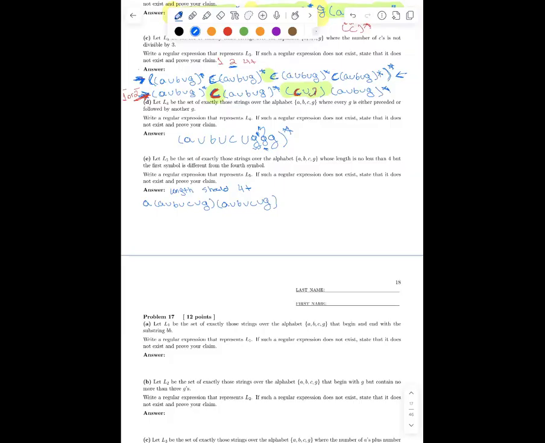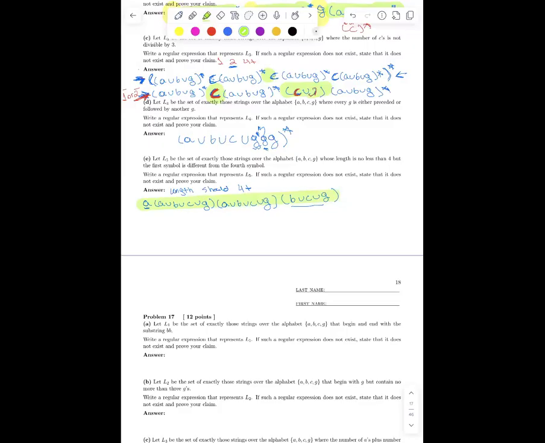So right now my length is 3. But the first symbol is different from the fourth symbol. So since this part here is gonna be my fourth symbol, I cannot have A. So I can have either B or C or G. So now like this, if I leave it like this, my length is 4.